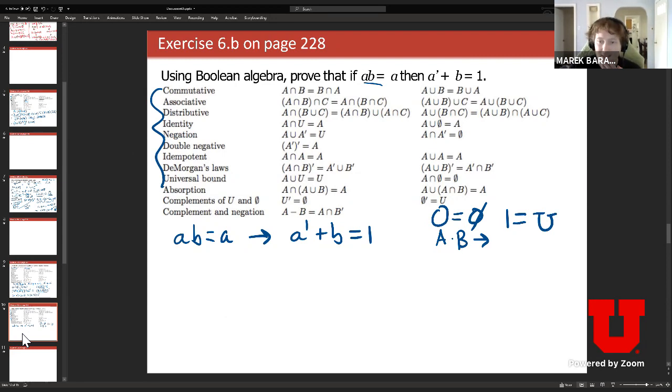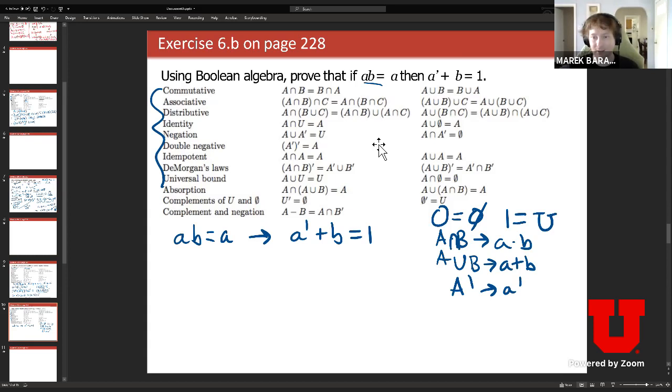A times B, that's A intersect B. So these rules let you convert these rules into Boolean algebra operations. I'll give you a minute. I guess we're running out of time.